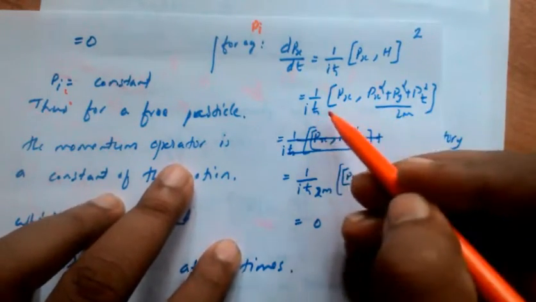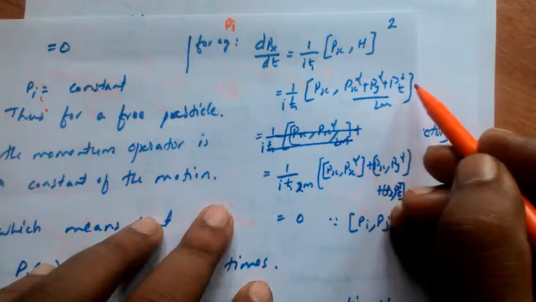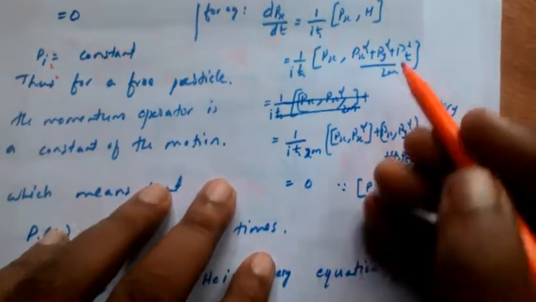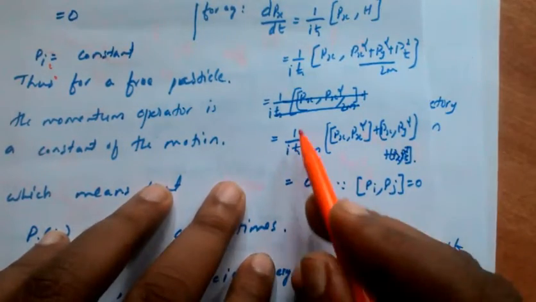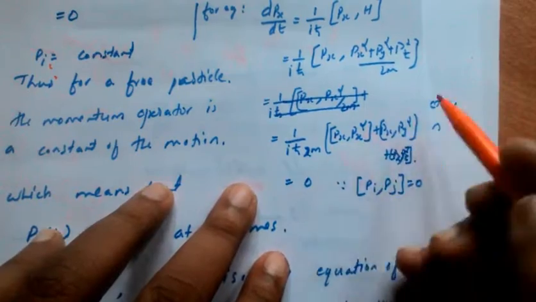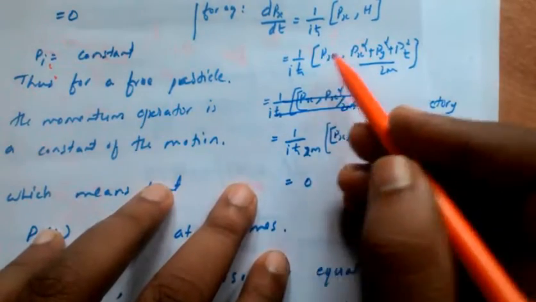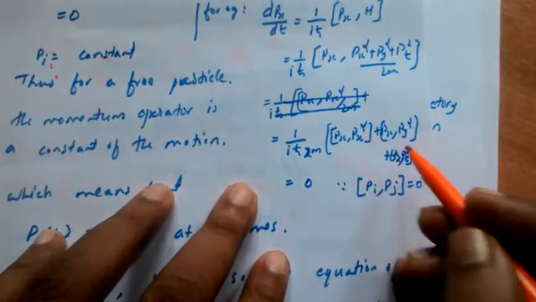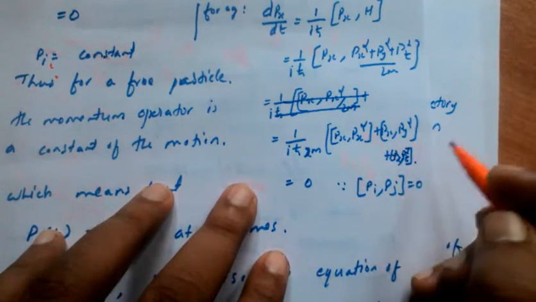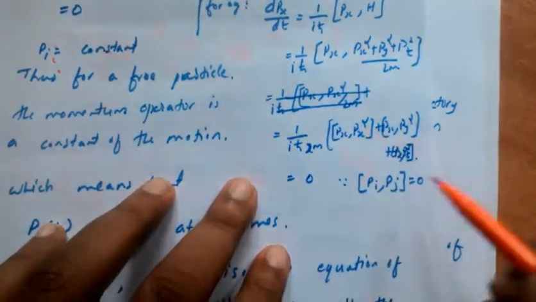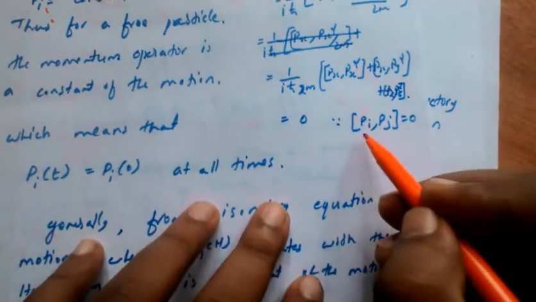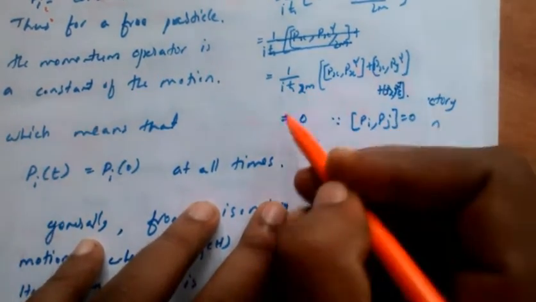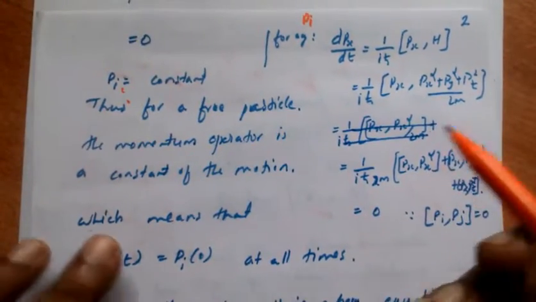That is equal to 1 over h cross, px square plus py square plus pz square over 2m, and we can take this 2m outside, that is 1 over h cross 2m. This we can explain as the commutator of px square plus the commutator of py square plus the commutator of pz square. And we have learned pi pj equal to 0, so finally this will be equal to 0.